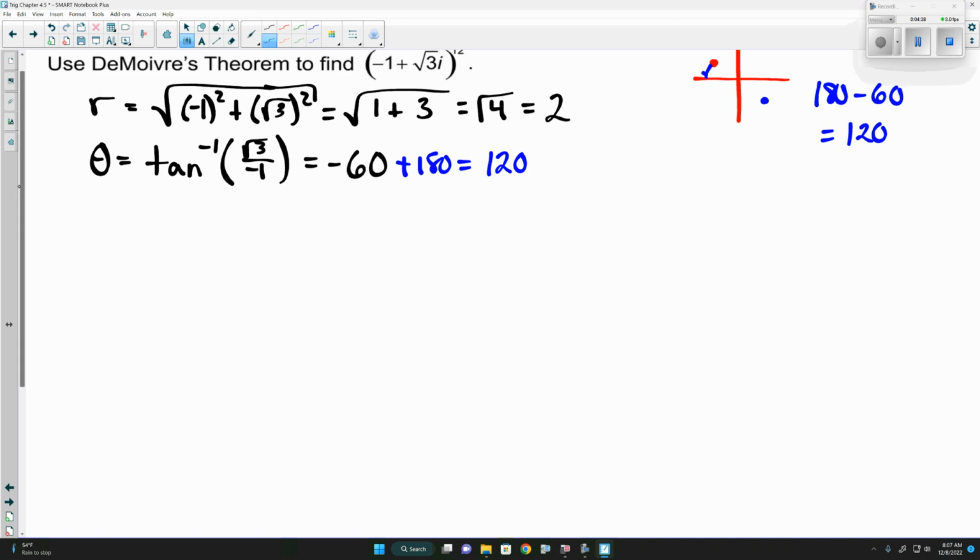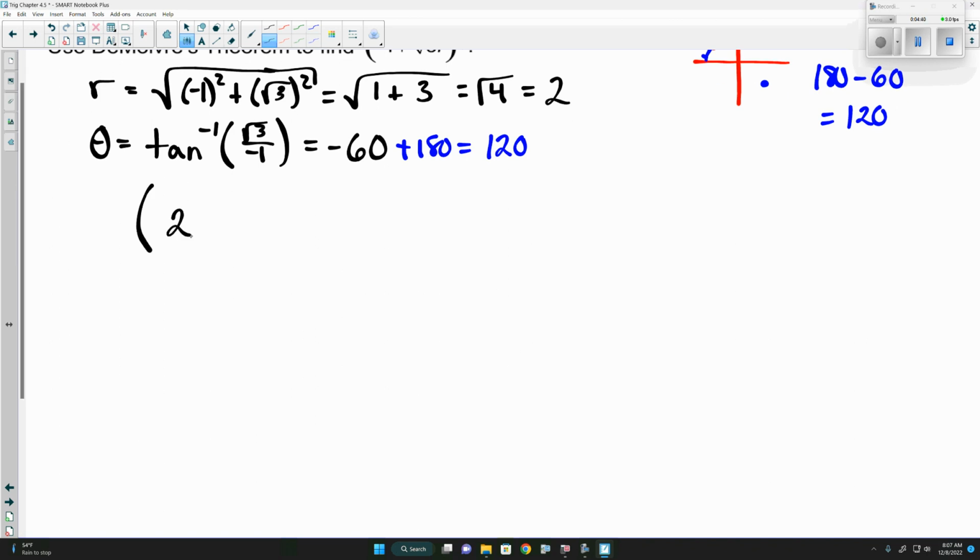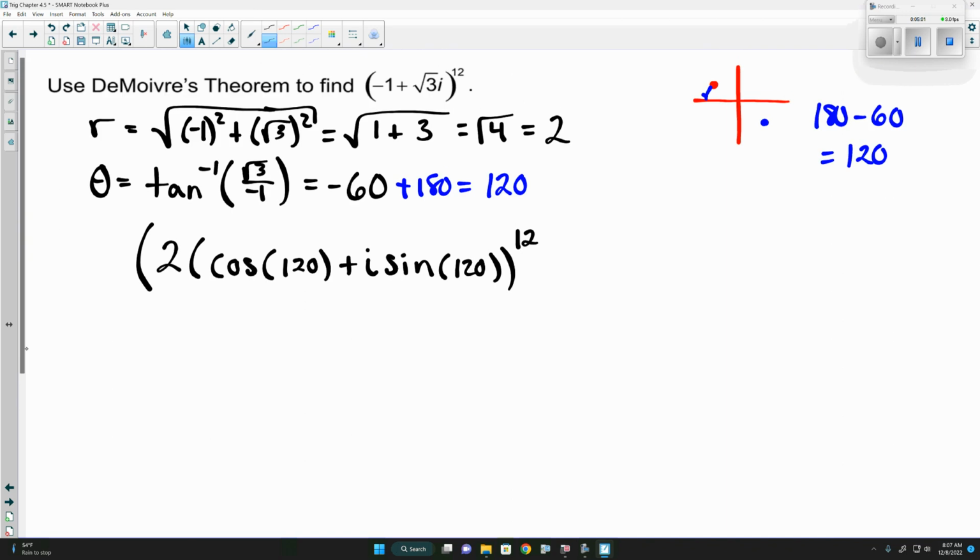But that tells us now that we have 2 cosine of 120 plus i sine of 120, and we're taking it to the 12th power. Questions on this so far?